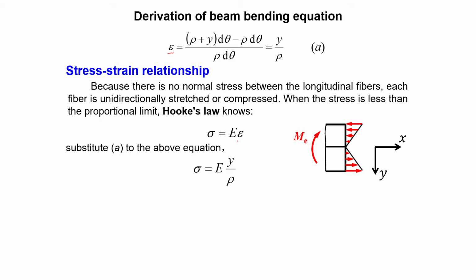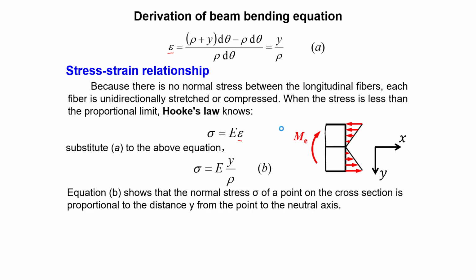essentially, you replace this epsilon with y over rho. That's the equation. Stress equal to modulus times y over rho. So this is telling us what? Equation B shows that the normal stress sigma on any point of the beam is proportional to the distance y from the point.